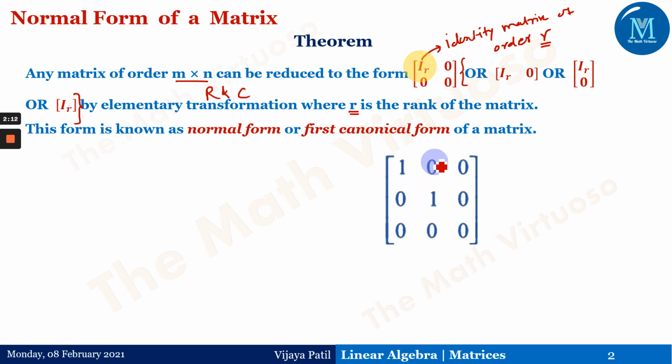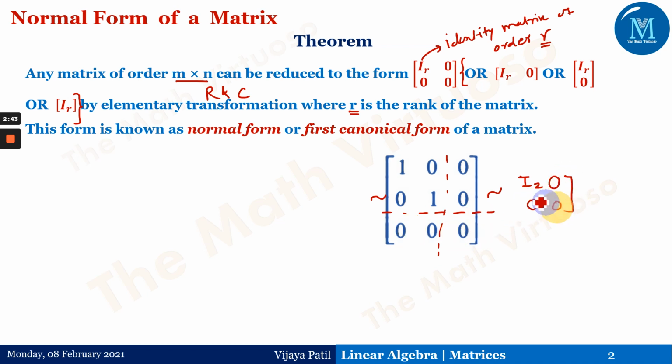After the row and column transformations, I have got this as a normal form. I put a partition on this, and this is equivalent to I_2, with a zero column matrix, a zero row matrix, and a zero block.